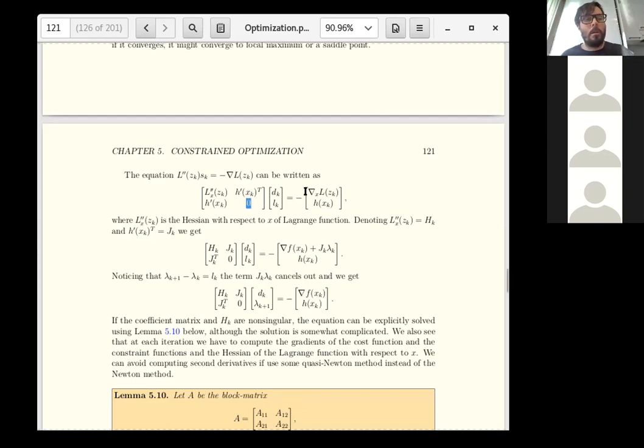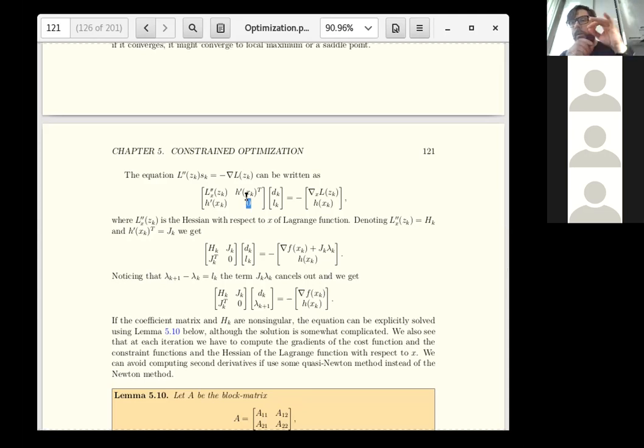Sorry, I misspoke there. This is the part where we eliminate the lambda by taking the derivative with respect to lambda. With respect to X, we get the H prime of X. Here lambda is taken out first, and then the derivative with respect to X. But in here, we take the second derivative with respect to the lambda coefficient.